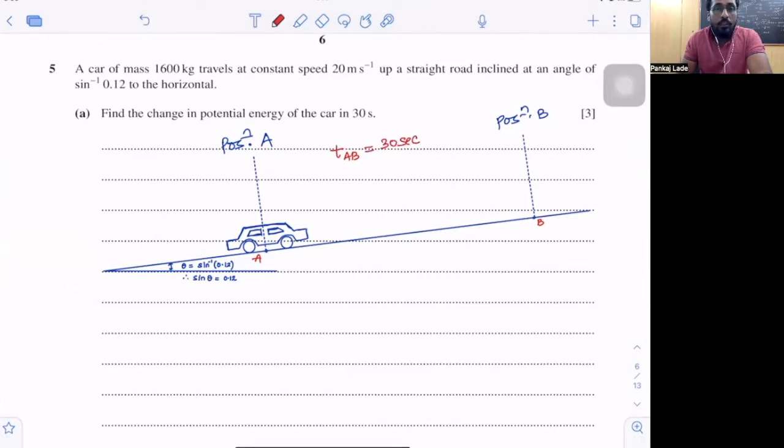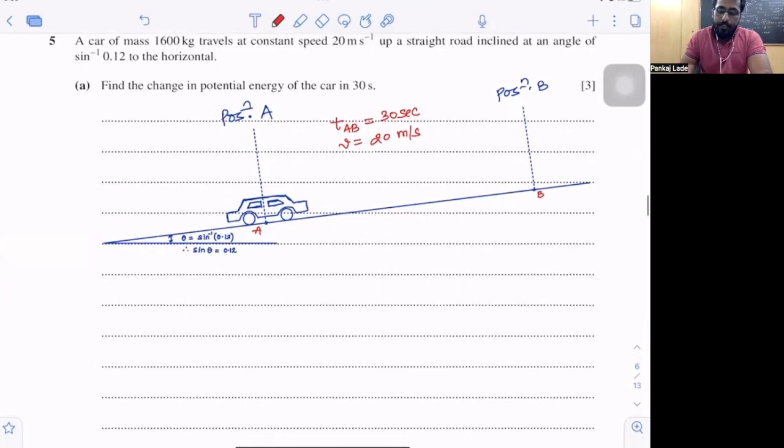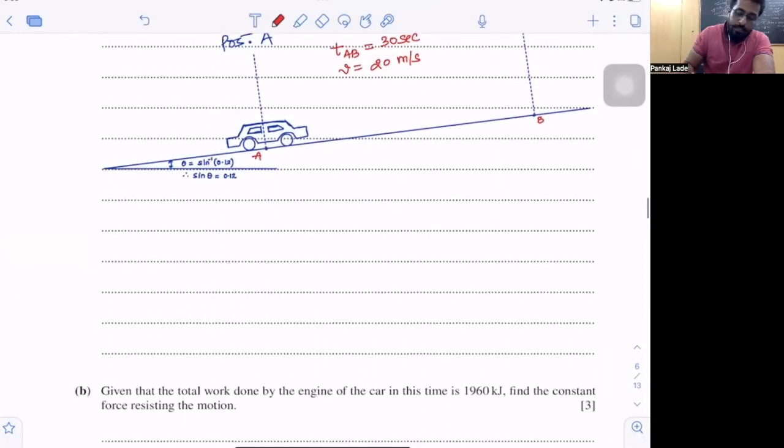And what's the speed of the car? The speed of the car is 20 meter per second. So V is equal to 20 meter per second. Speed of the car is 20 meter per second. So now it can be easily understood, since it is constant speed, I have the formula speed is equal to distance upon time. We know speed is equal to distance upon time, right?